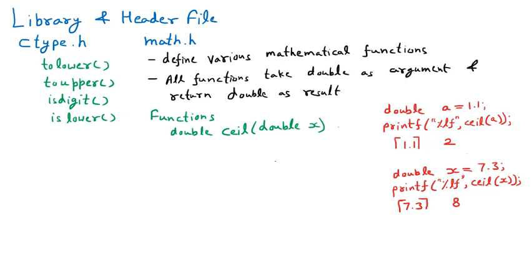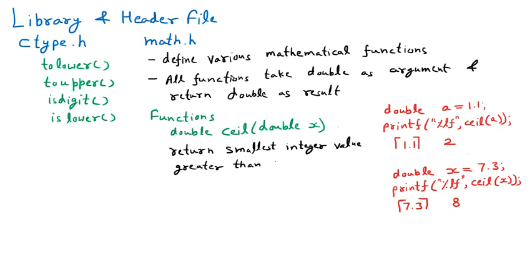Now we come to the definition of the ceiling function. We can also say that it returns the smallest integer value greater than, or equal to, x. Greater than means, if I talk about 1.1, what is the smallest integer greater than that?